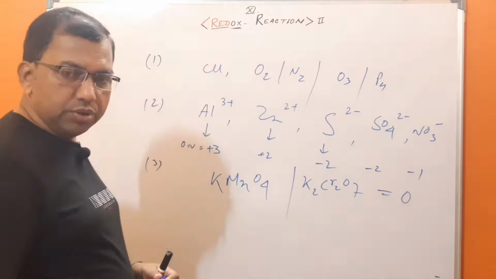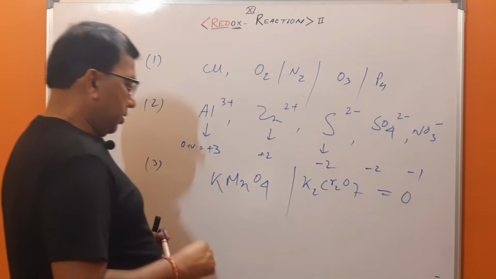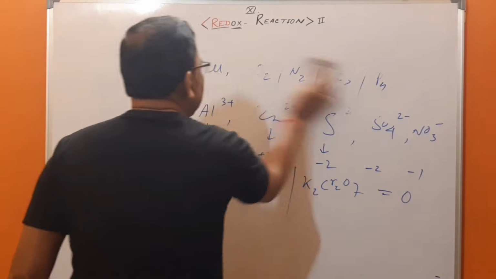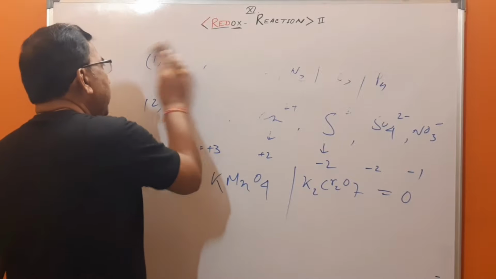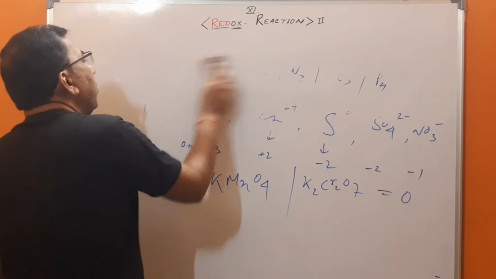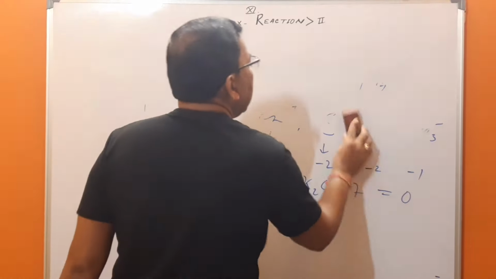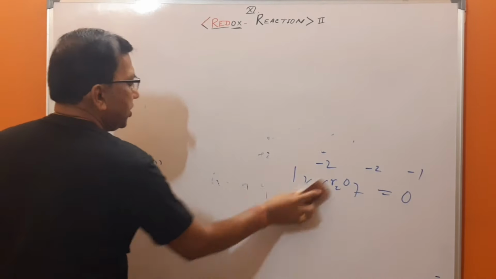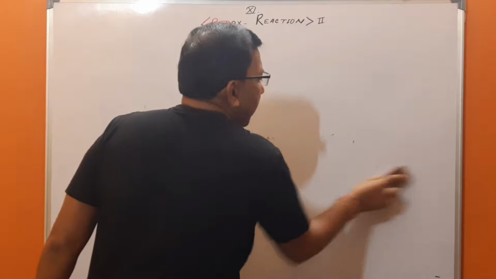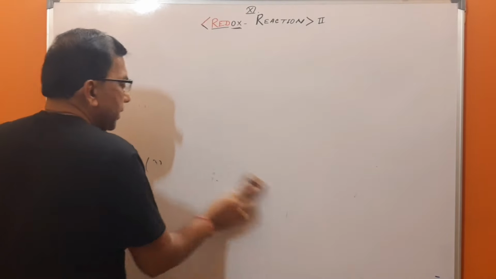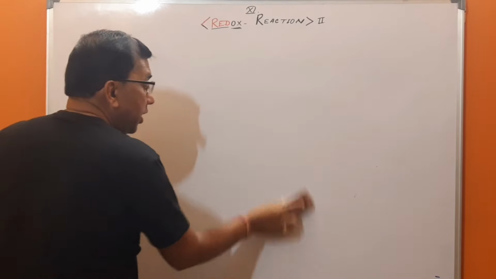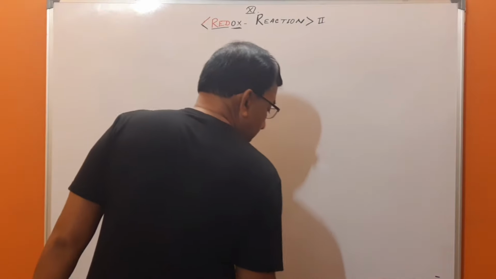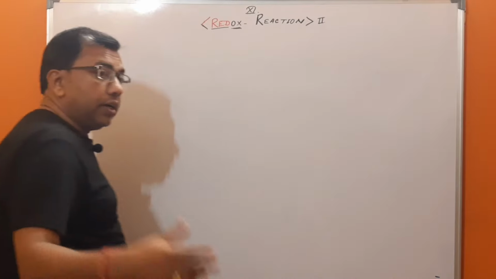This is one of the rules. Next, what is the oxidation number of hydrogen or oxygen? First I say oxygen. First comes oxygen, then some exceptional rules of oxygen, then hydrogen, then halogen, then alkali metals, then alkaline earth metals.